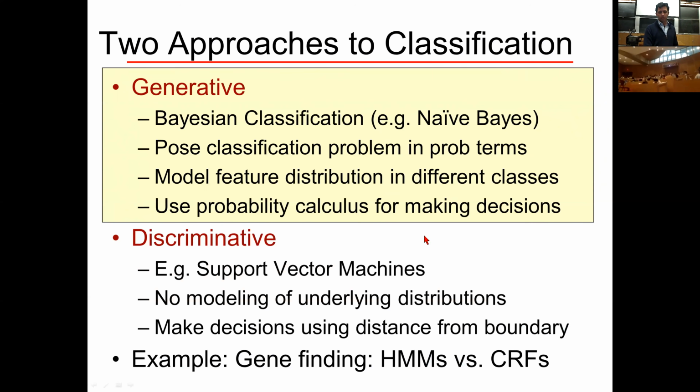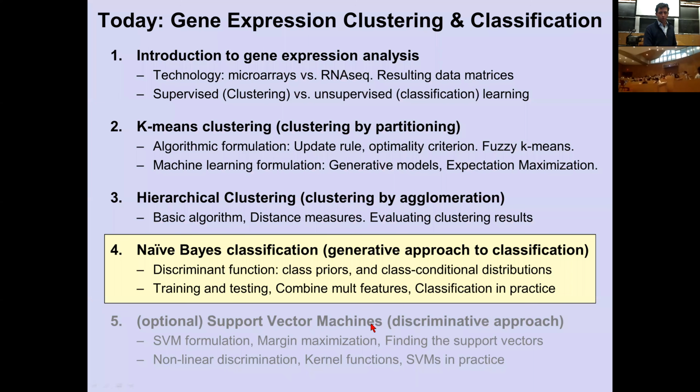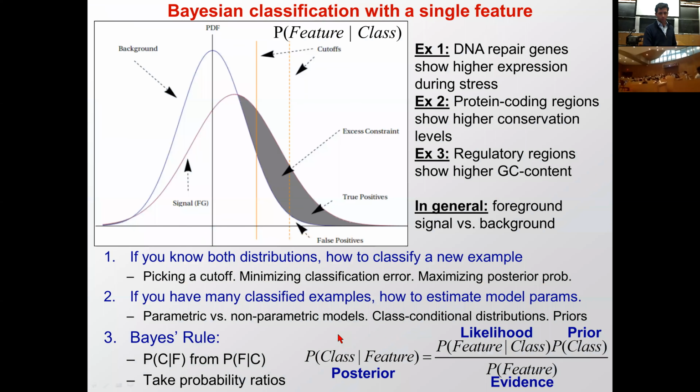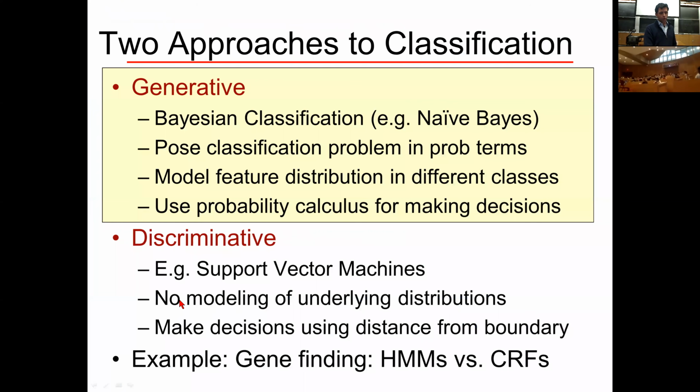So you use probability calculus for making these decisions. Discriminative classification, which is support vector machines, for example, that we're going to touch upon briefly, has no modeling of the underlying distributions, and it simply makes decisions using a set of distances from a boundary. And this is equivalent to what we saw for a generative model of hidden Markov models versus a discriminative model of conditional random fields.